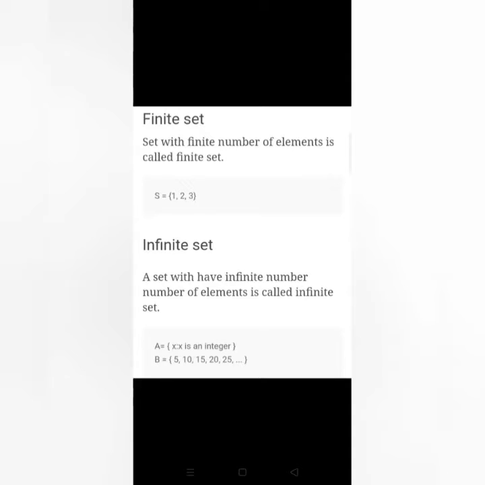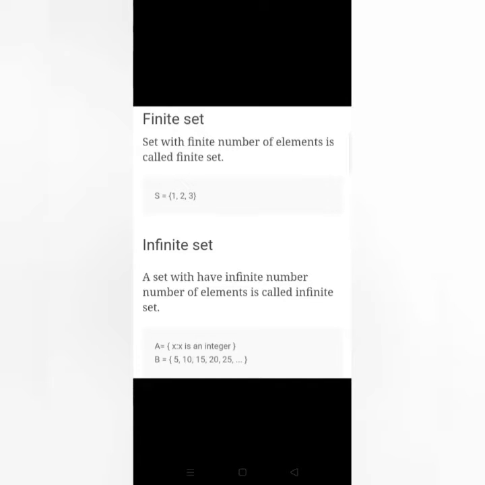Next type is infinite set. A set with an infinite number of elements is called an infinite set. A set which is not finite, right? That is not countable, means that set is called infinite set.